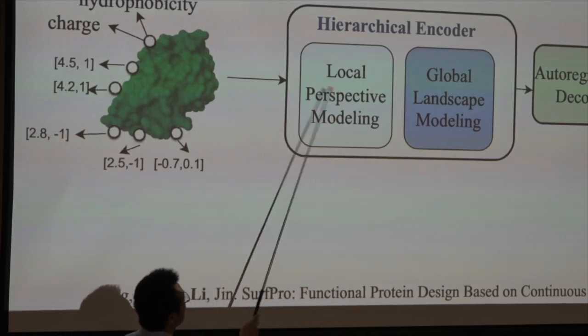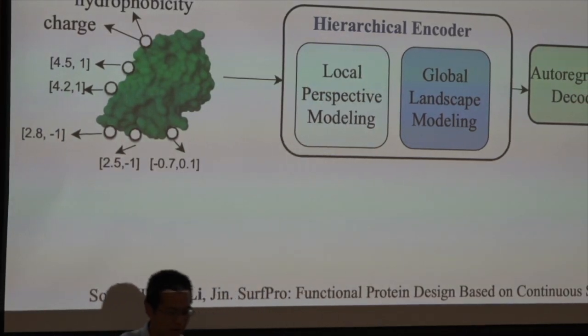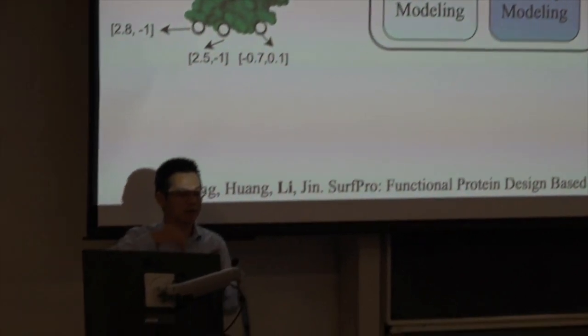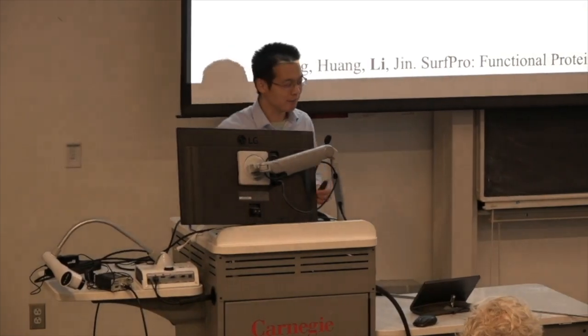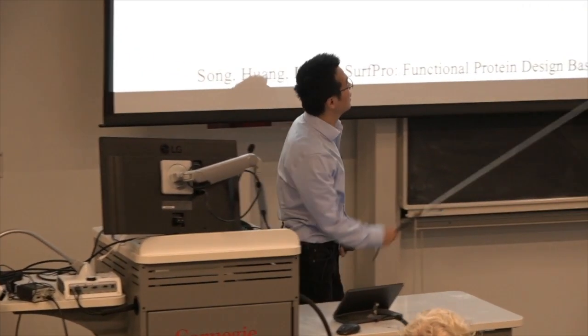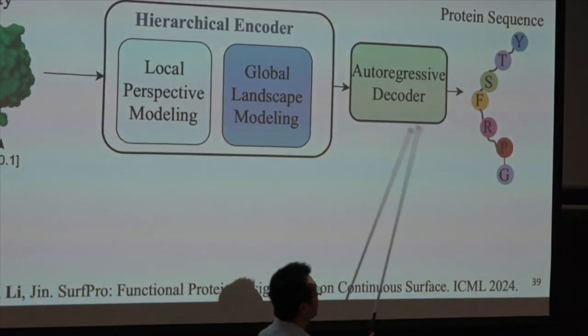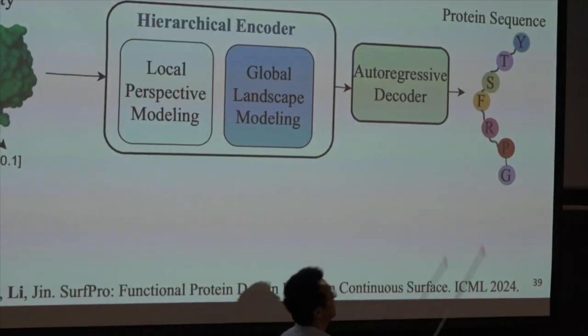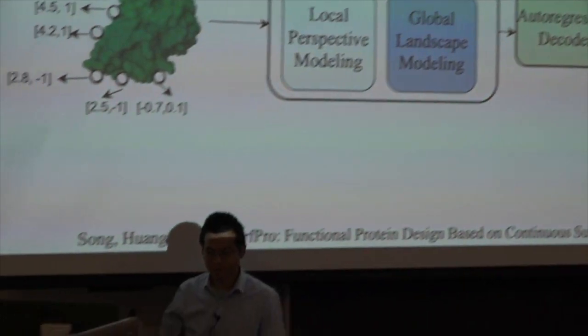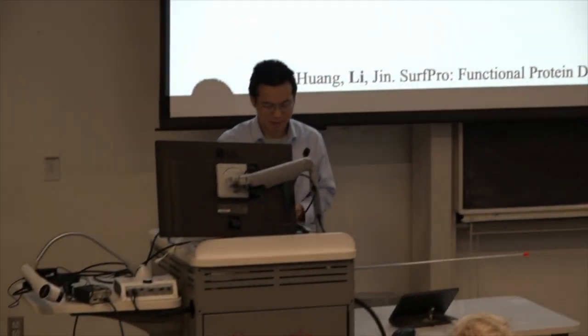Then we design an encoder to encode this surface into the embedding space. Once we have the embedding, we can use an autoregressive transformer decoder to generate the protein sequence. That's the overall framework.